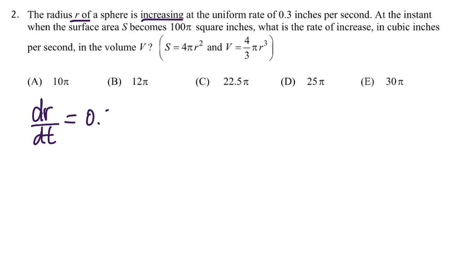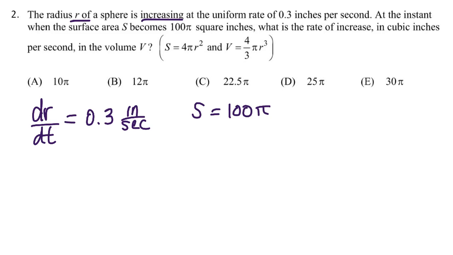So we have 0.3 inches per second. At the instant when the surface area becomes 100 pi, so that tells me that my surface area is 100 pi.